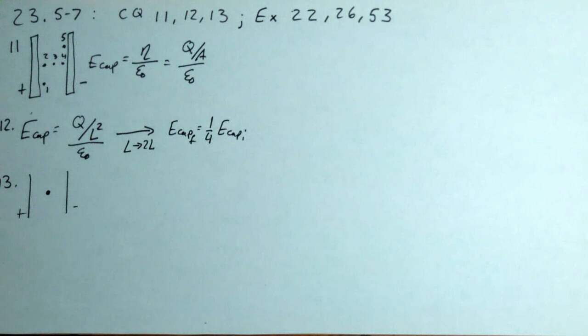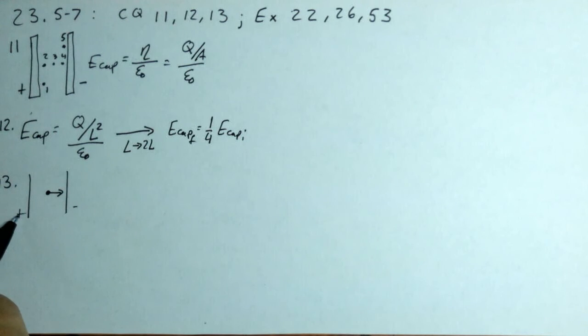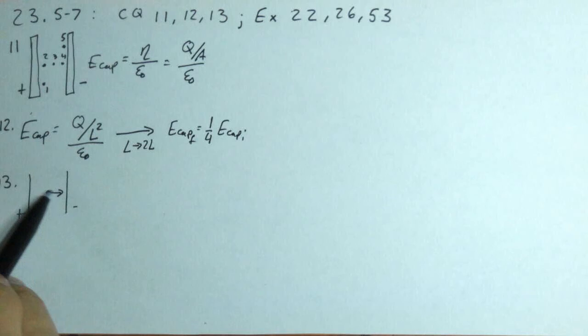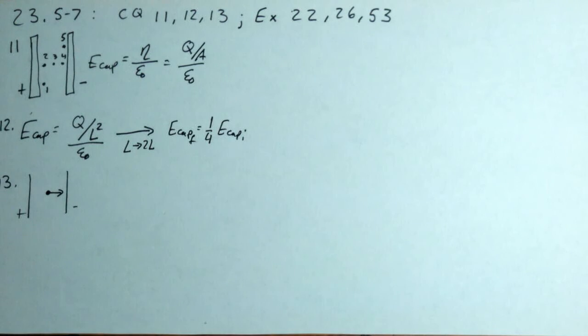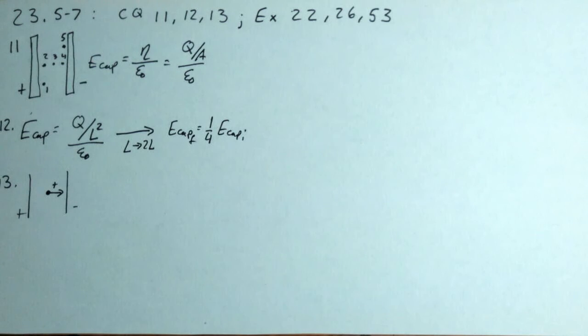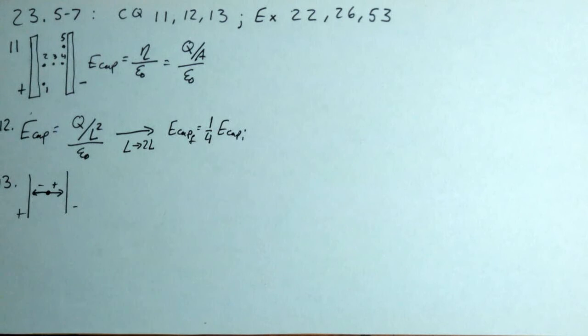The direction should be to the right, because it's repelled by the positive plate here, and it's attracted by the negative plate here. If that charge is negative, then logic would say that it moves to the left, because it's now attracted to the positive and repelled by the negative.